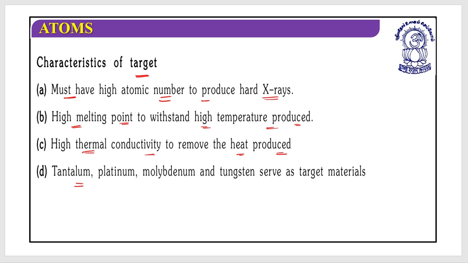Certain materials, such as tantalum, platinum, molybdenum, and tungsten, serve as the target material. So these are the specific materials which can work as the target material to produce an X-ray. I hope this is clear.